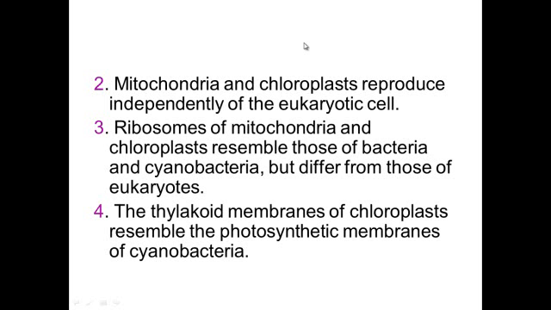Now, the chloroplast membrane resembles the membrane found in cyanobacteria, and the mitochondrial membrane resembles some membranes found inside other bacteria. Cyanobacteria are photosynthetic bacteria, and so doesn't it make sense that a chloroplast, which is the photosynthetic organelle, resembles a photosynthetic bacteria? Interesting.